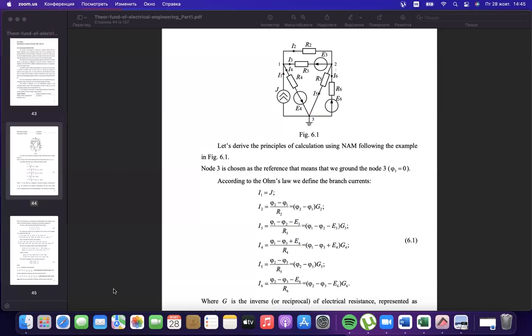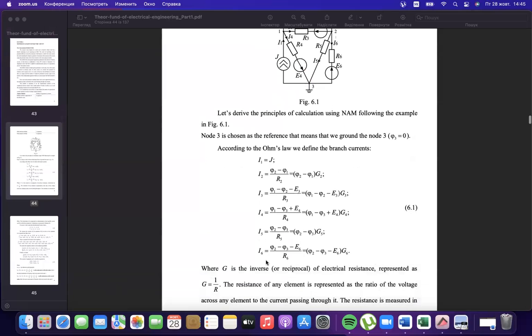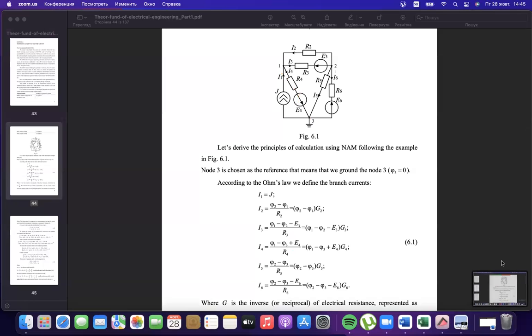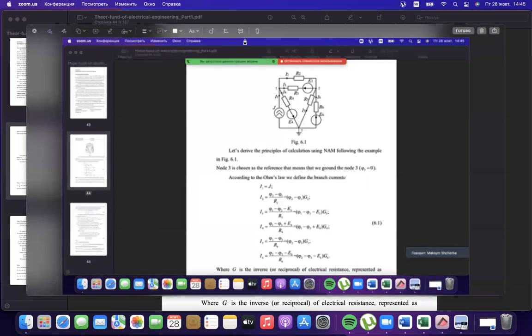Such an operation we could do for all currents in the system. Then let's move to the next step.